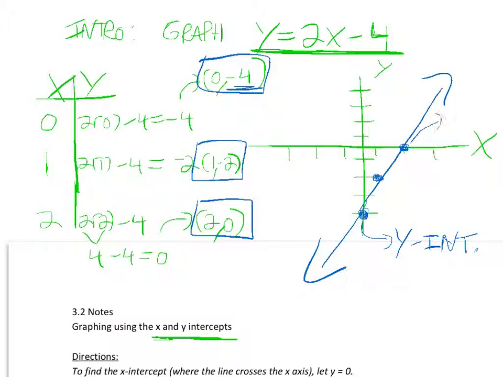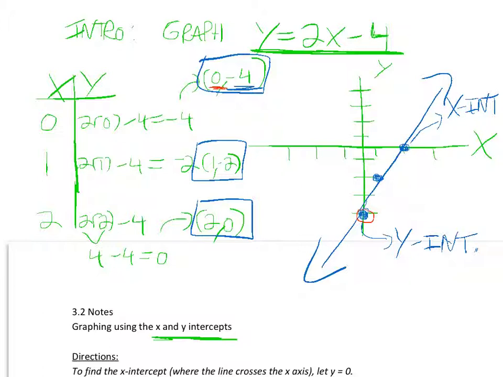This right here is called the x-intercept because it intercepts the x-axis. Now here's the main thing. I'm going to highlight the 2 points that I made on the XY chart. This point right here, 0, negative 4, you can see the x value is 0 and the y value is negative 4.